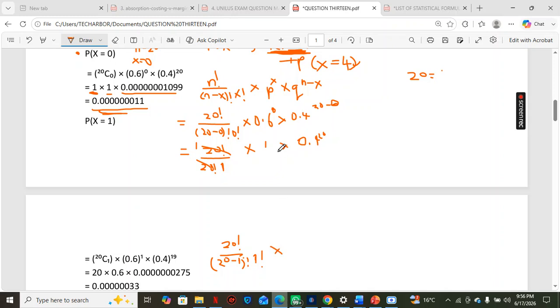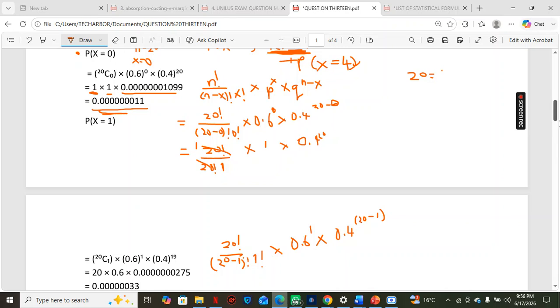Multiplied by p, 0.6 to the power x. x is 1, so it's 0.6 to the power 1. Multiplied by q, 0.4 to the power n minus x, which is 19.